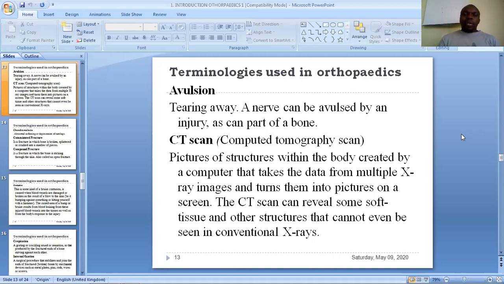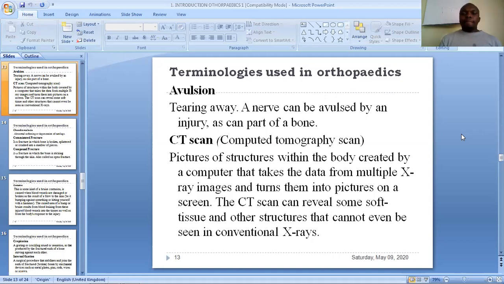The other terminology to look at is the CT scan, also known as the computed tomography scan. These are simply pictures of structures within the body created by a computer that takes the data from multiple X-ray images and turns them into pictures on a screen.